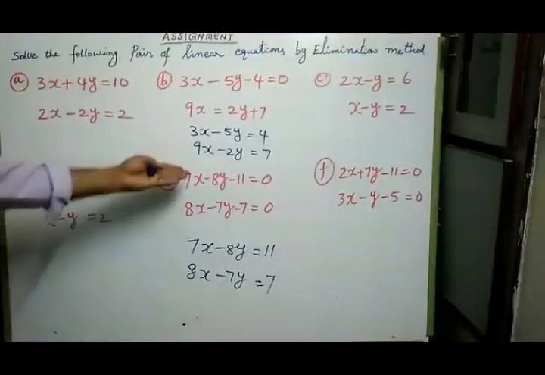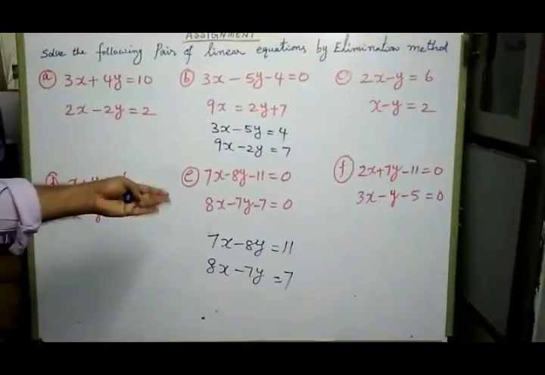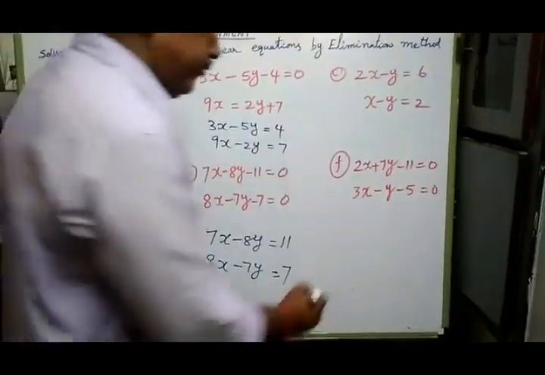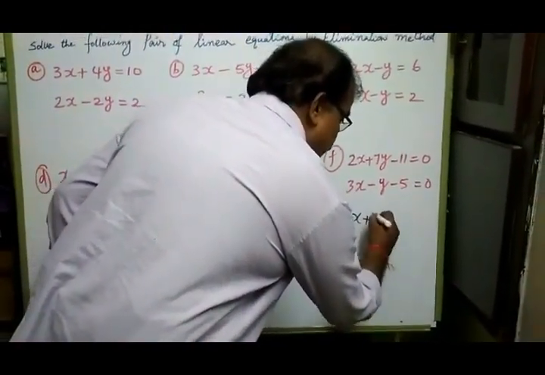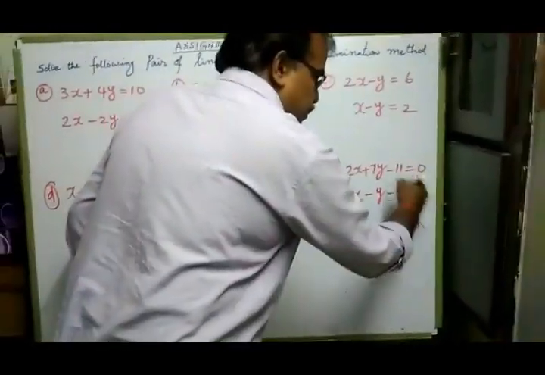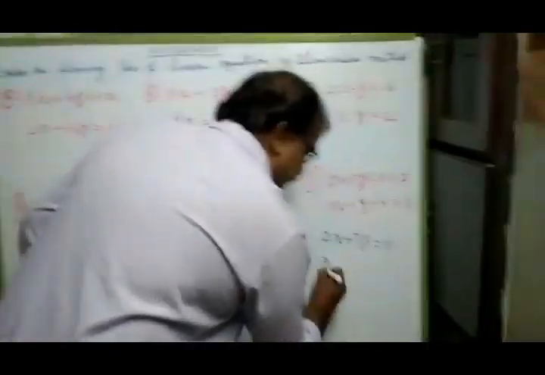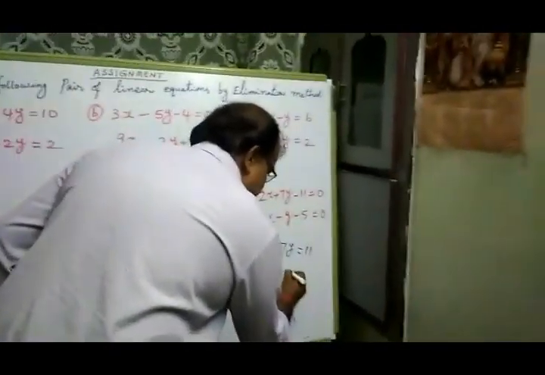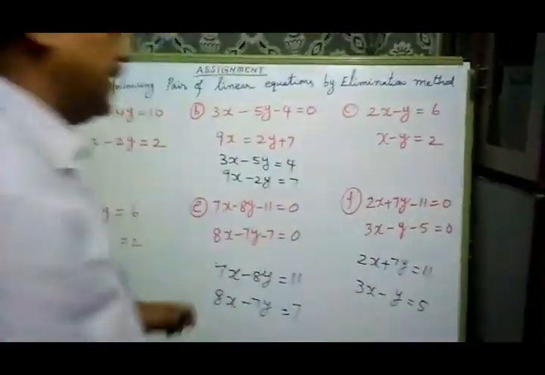You can do like this, as it is also you can do, but maybe you are already habituated like this. Now, coming to F, 2x plus 7y is equal to 0 plus 11, and 3x minus y is equal to 0 plus 5, is equal to 5. These are the 6 questions.